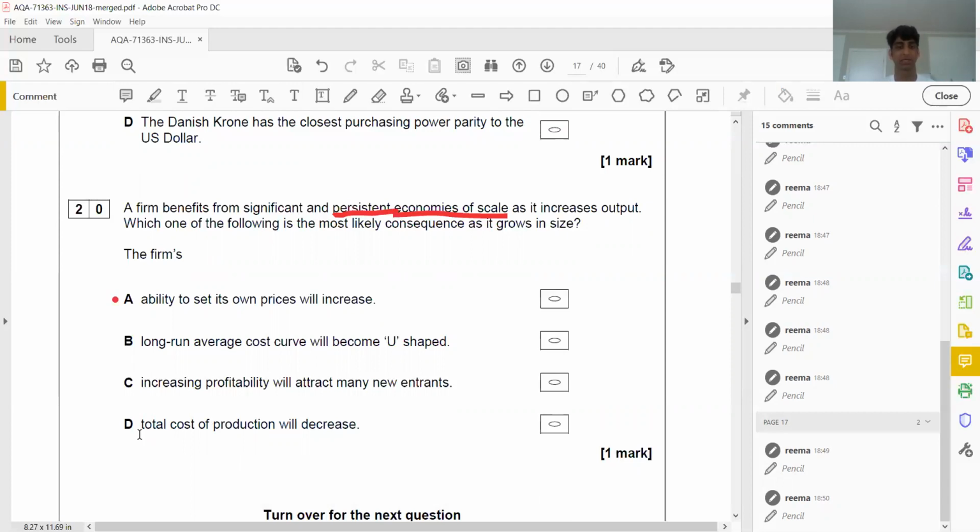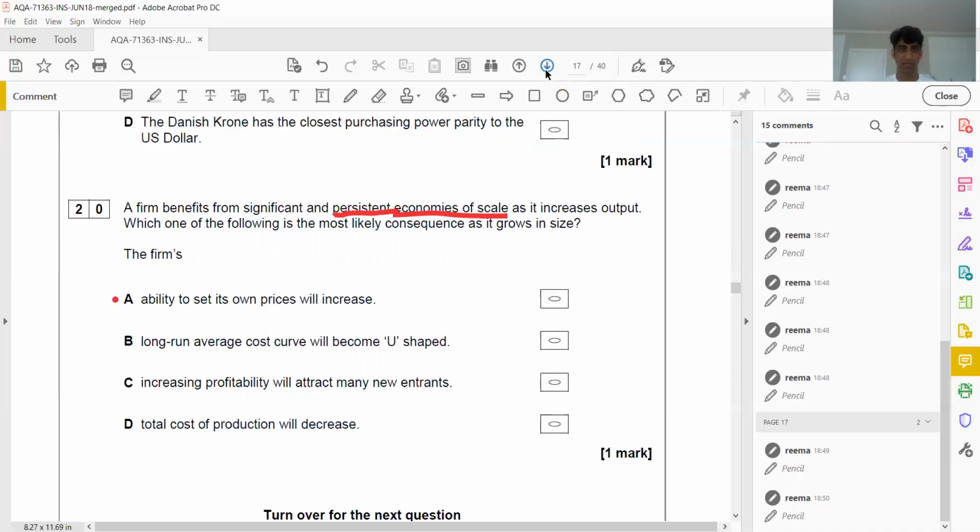And the reason is because if you want to produce more output as a firm, so let's imagine I'm a car company, if I want to produce more cars, I have to buy more steel, I have to pay for more workers, I have to buy more component parts in general. And that costs money. Steel costs money, workers have to be paid. So as a result, there's no reason why my total cost would decrease. And as a result, the only viable option left is A, ability to set its own prices.